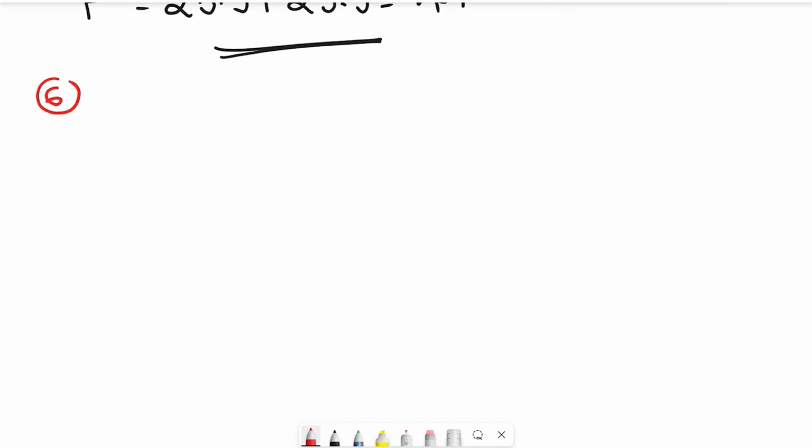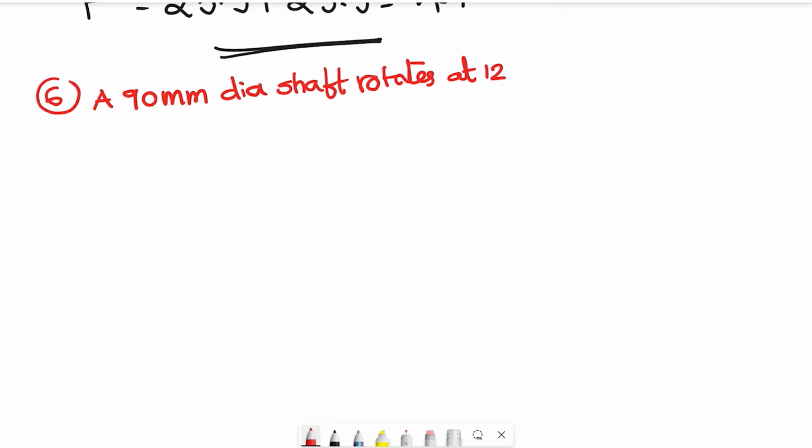A 90 mm diameter shaft rotates at 1200 rpm in a 100 mm long journal bearing.